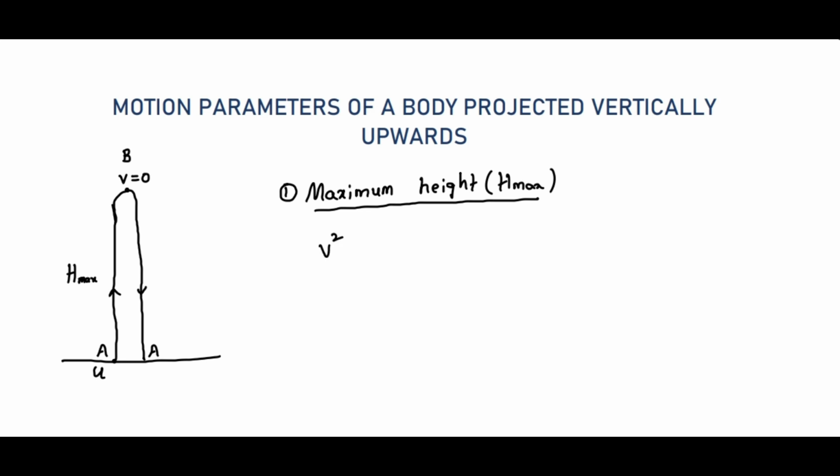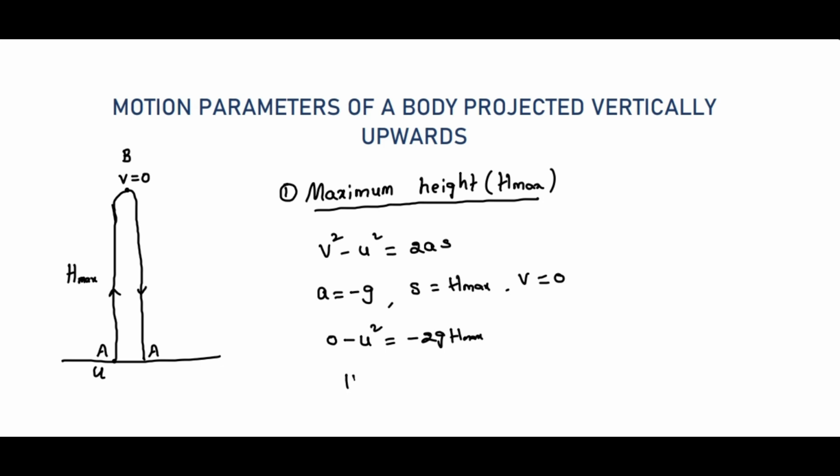v square minus u square is equal to 2as. Here I am taking a equal to minus g, that means g is always downwards, and s is nothing but H maximum, and the final velocity is 0. Then 0 minus u square is equal to minus 2g H maximum.